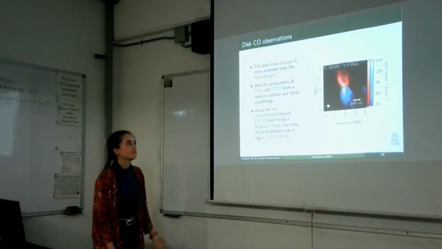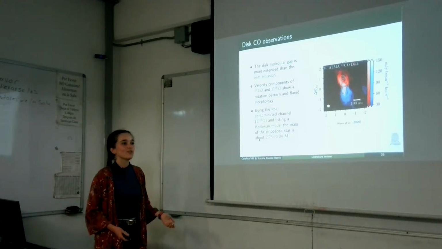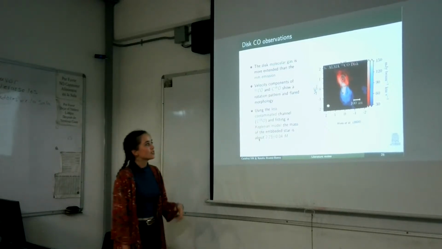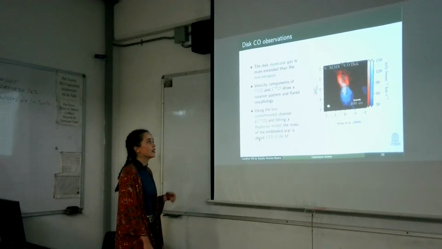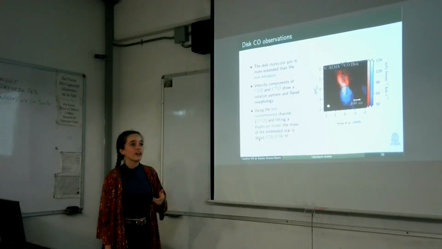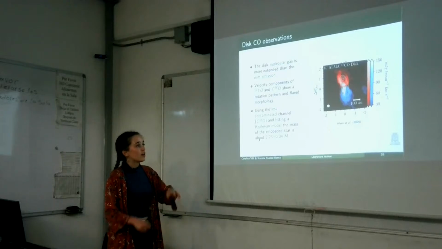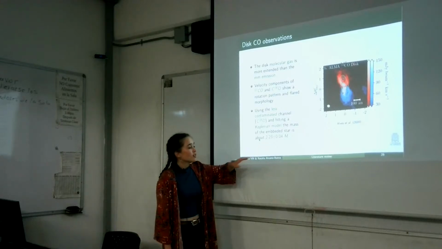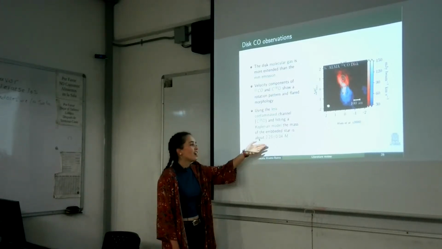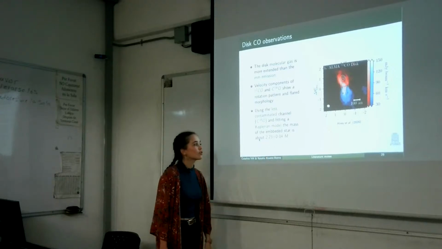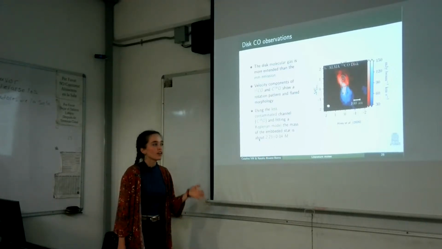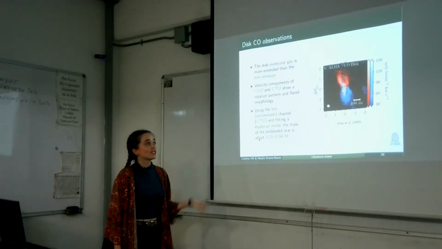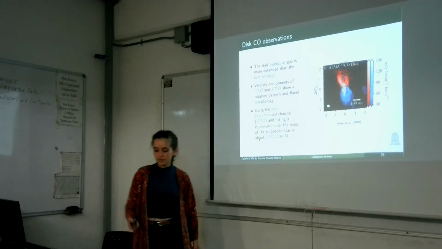For practical and useful information, the C18O was less contaminated than the 12CO data. And when calculating as a Keplerian disk, they measured a mass of around 2.23 solar masses. It's the mass of the star that is in the center of this disk.